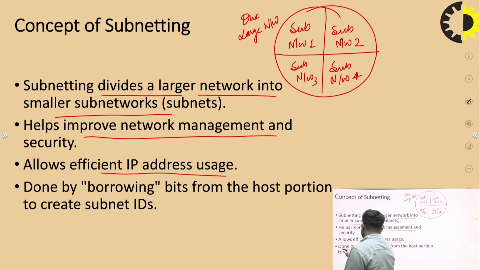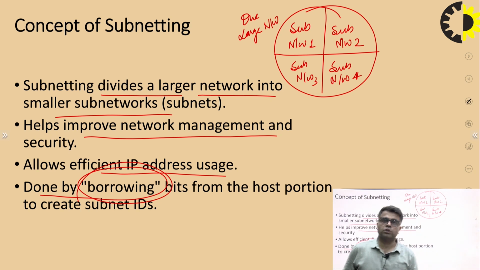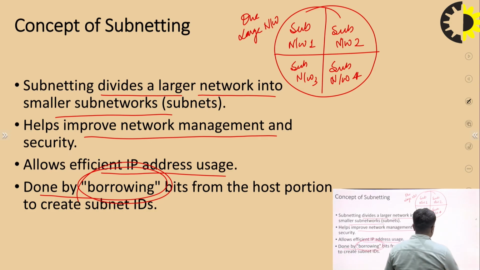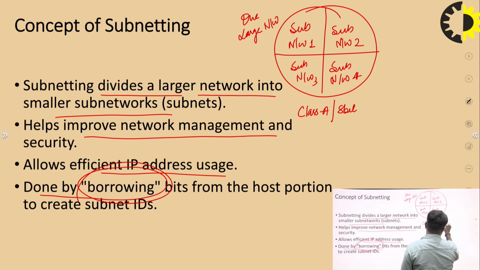And how is it done? It is the most important thing. It is accomplished by borrowing some portions from the host part. So we are aware that in class A, there are 8 bits for network and 24 bits for host.